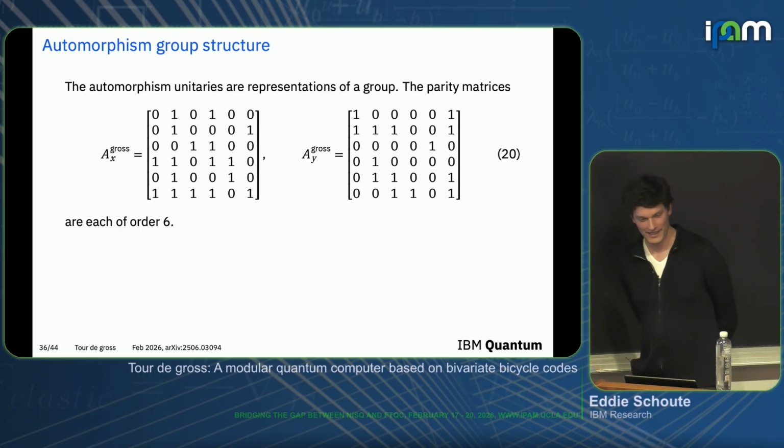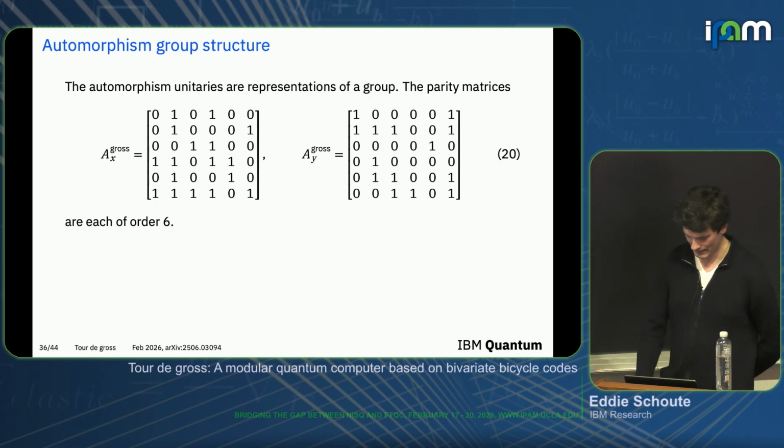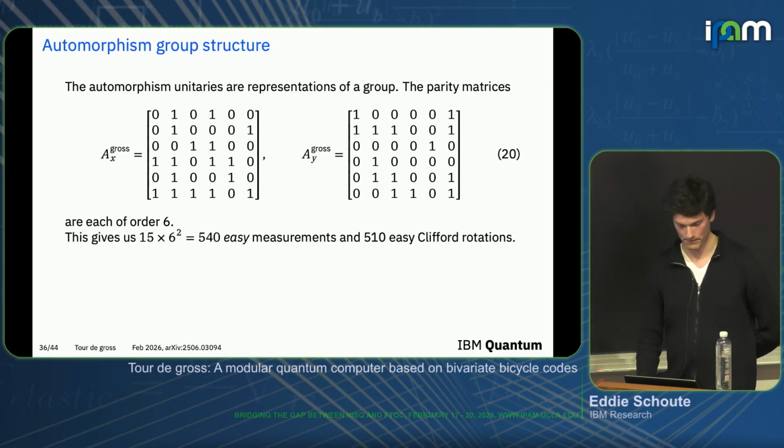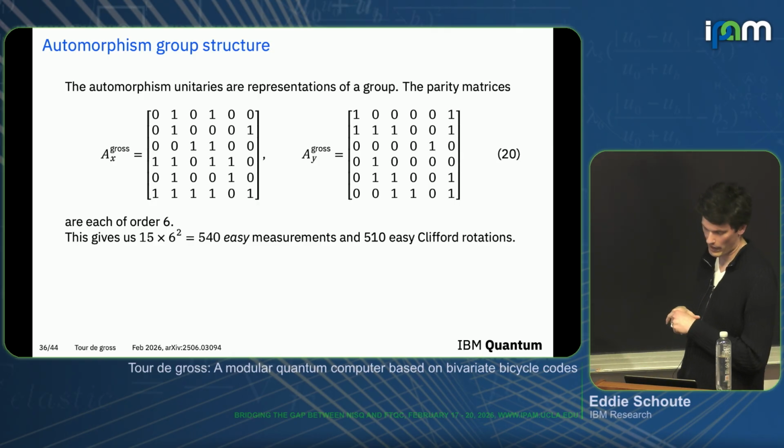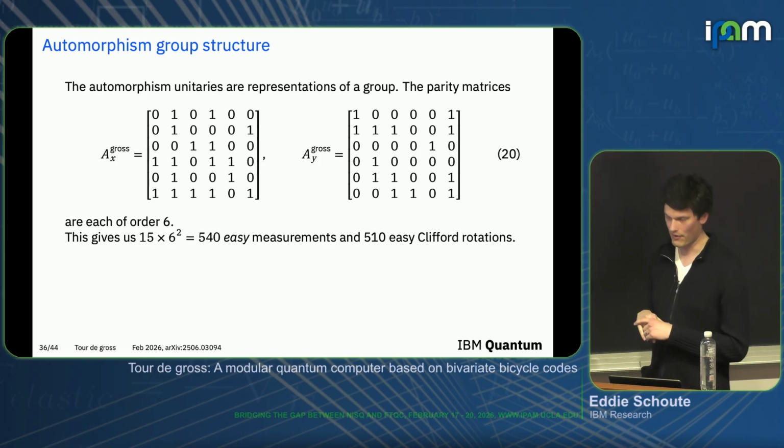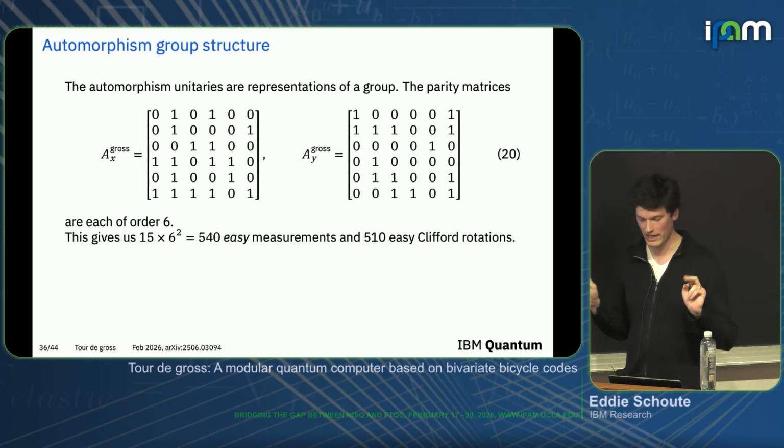So the open question is understanding the group structure of the automorphisms so we can reduce this overhead. Because we have 15 times 6 squared easy measurements available to us, which gives us 540 so-called easy or native Clifford rotations.